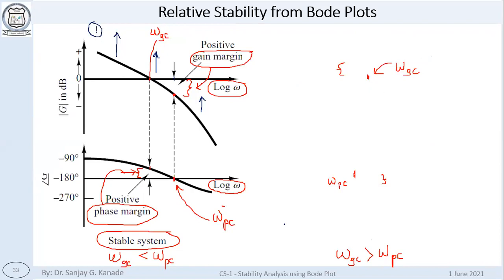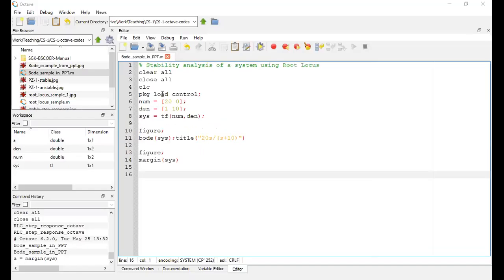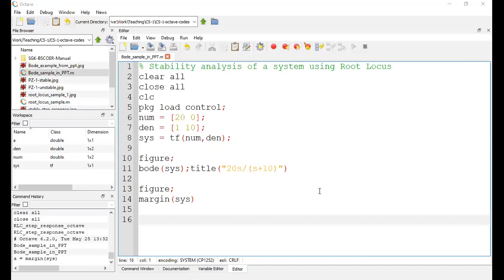Okay. So if you don't have any questions, let me show you the Octave function. I will share this with you. This is the function that I just showed you on the screen also during the lecture.